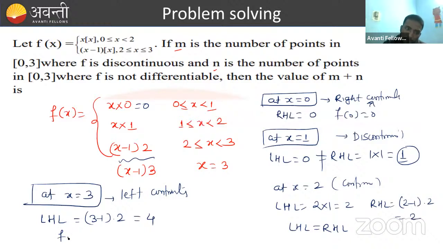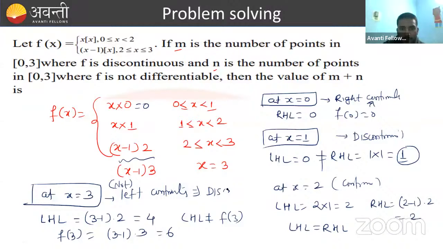If I have to check f of 3, this is 3 minus 1 into 3, so it is 6. So we can say LHL is not equal to f of 3, so it is not left continuous. So it is discontinuous.